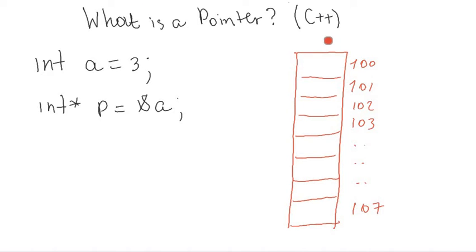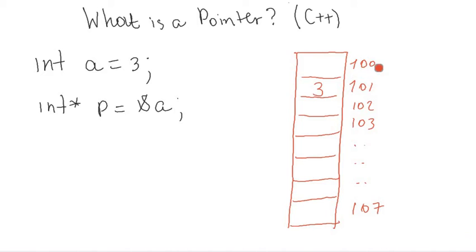So we can imagine a memory something like a cupboard with a lot of shelves. And when we want to store the variable a, which is an integer, in the memory, we actually store it, let's say, in 101.